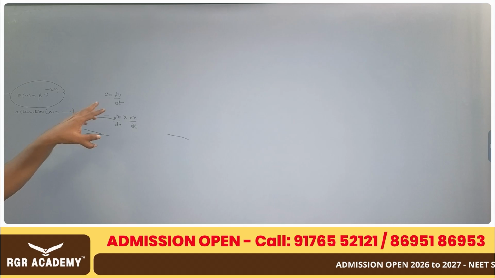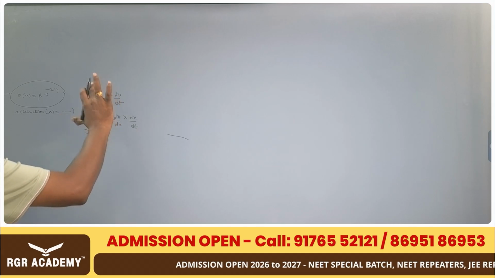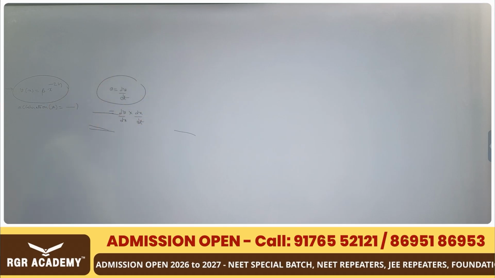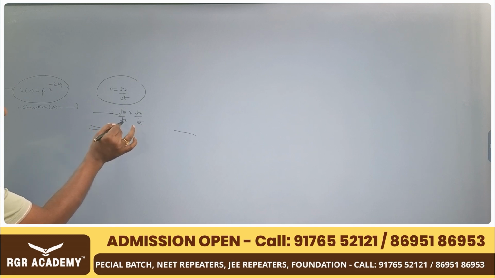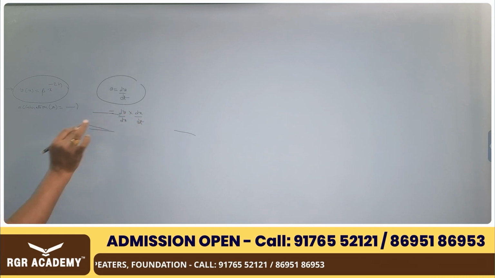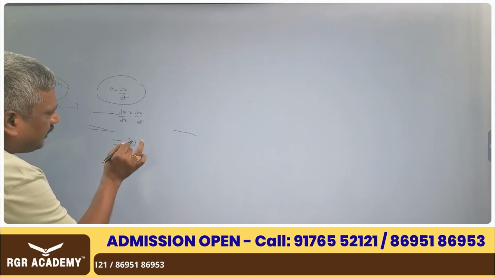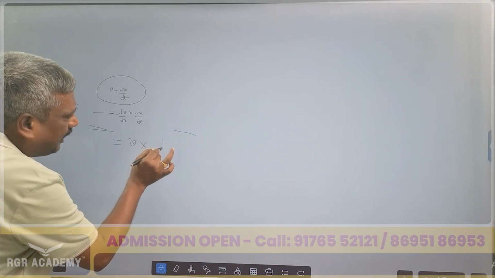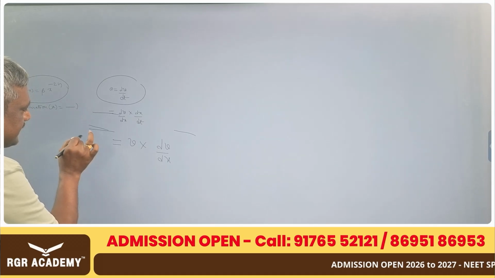A is equal to what? dv by dt. So acceleration can be written like this. dv by dt can be adjusted like this. Dx gets cancelled. So you get dv by dt, or not? Now, dx by dt is nothing but what? Velocity v into what? dv by dx.